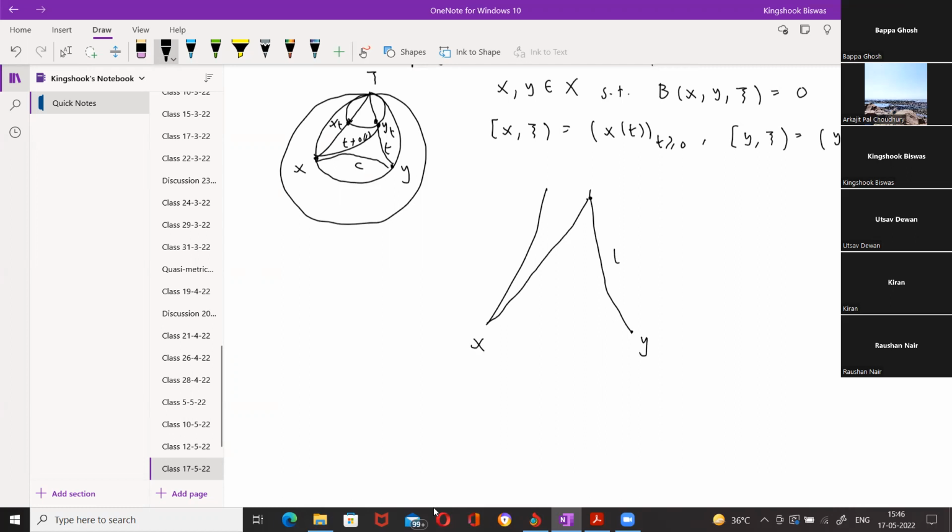This distance is T. This is T plus little o of 1. And now let me go a fixed distance S. So x_S and y_S here.